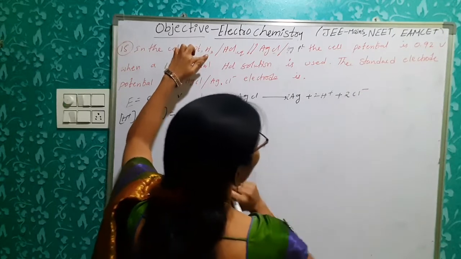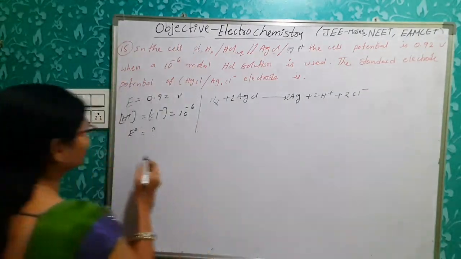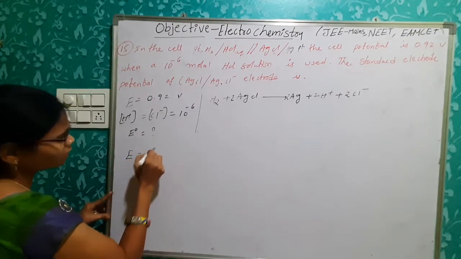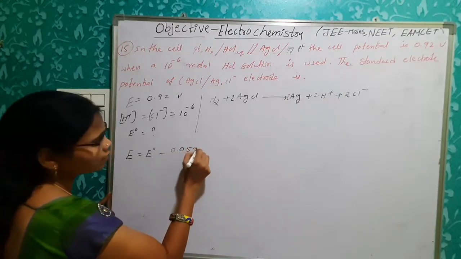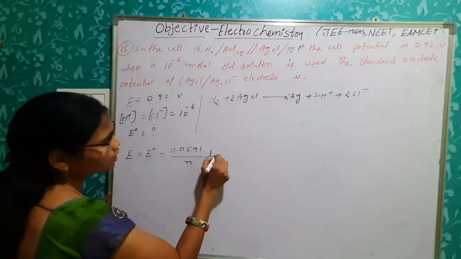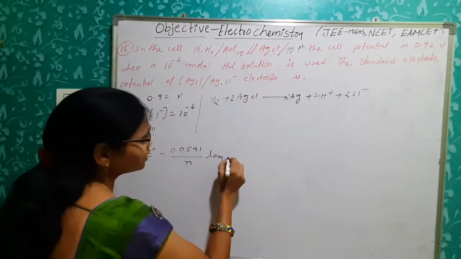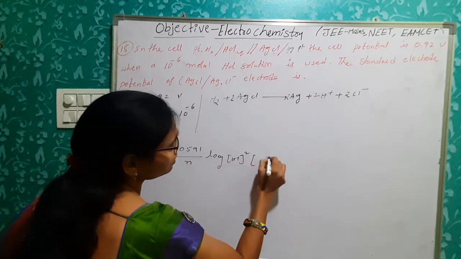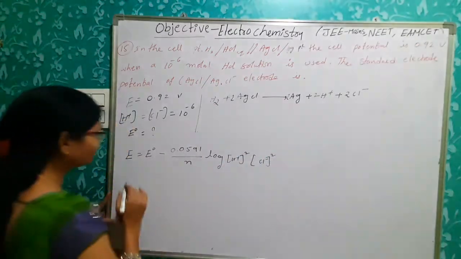Okay, this is the reaction. Then write down the formula: E is equal to E naught minus 0.0591 by n log C, the concentration of H⁺ ion to the power 2 and Cl⁻ ion concentration to the power 2. There are 2 moles, so you can take 2 here.